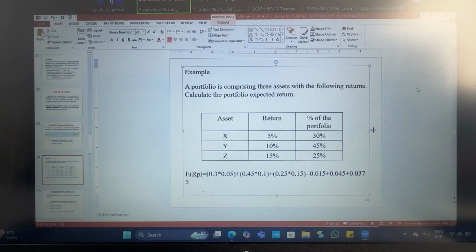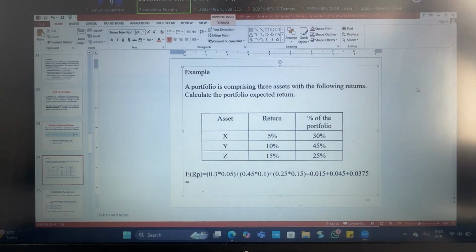So now we can find the answer. Adding all three, 0.015 plus 0.045 plus 0.0375, finally becomes 9.75%.